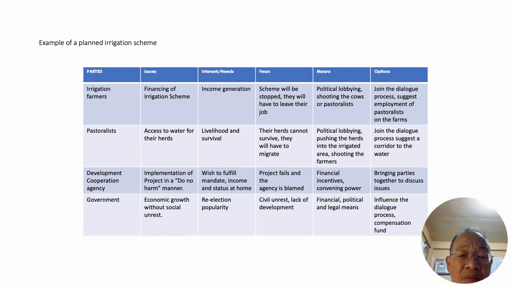The Development Cooperation Agency wishes to fulfill mandates, income, and status at home. And the government is more interested in re-election and popularity. So you also have the fears, the means, and the options. This is an example of how you write the fears and needs identification for each of the parties.